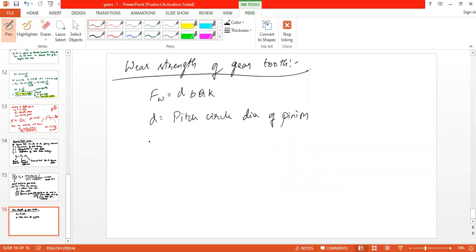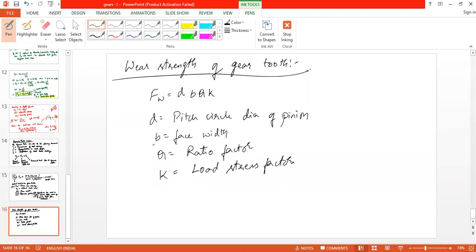This is the driving gear. Okay, and b is the face width. Q is known as the ratio factor, and K is the load stress factor. Let us not talk about these two right now. While solving the problem, you will understand this. So this is the equation for wear strength.